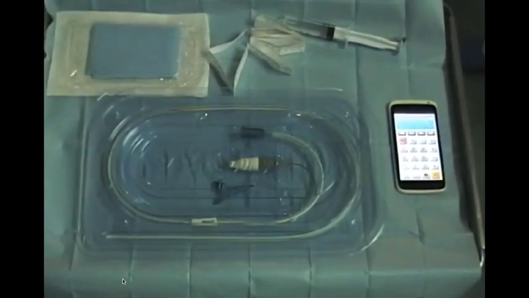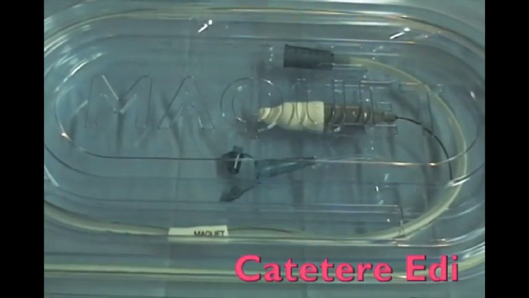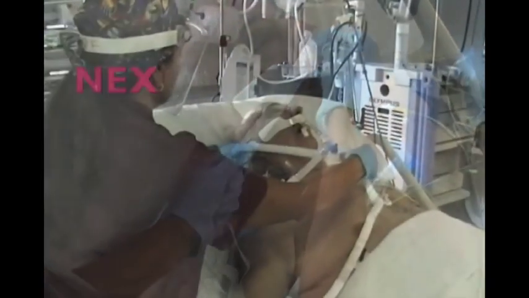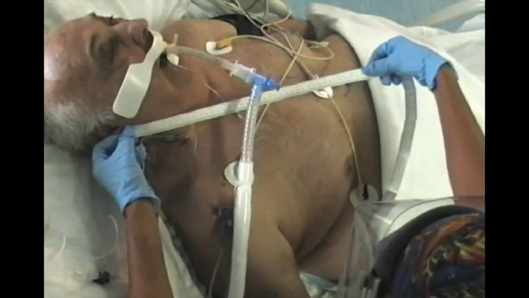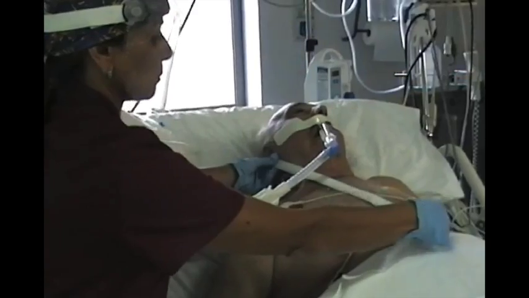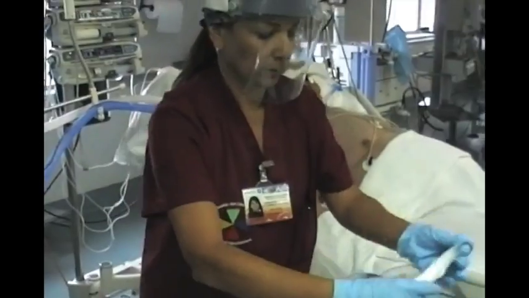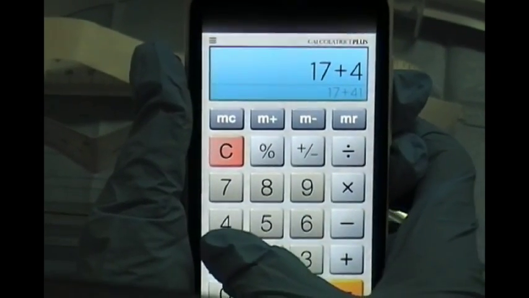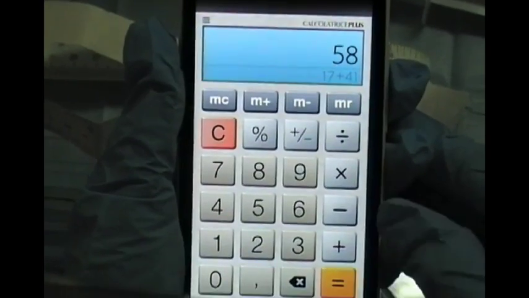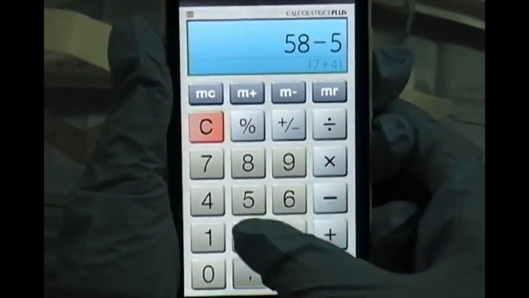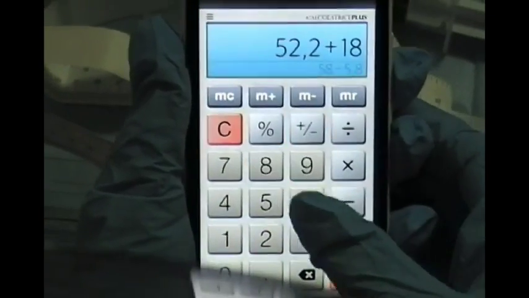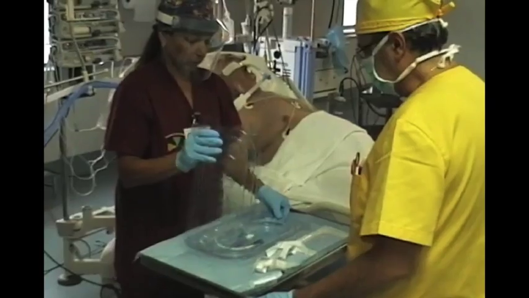First, we need to sedate the patient and prepare the catheter. We should evaluate how long a catheter we should put in the patient, so we should measure the length from the nose to the ear and from the ear to the middle of the abdomen, and then do the calculation. The unit is centimeters.